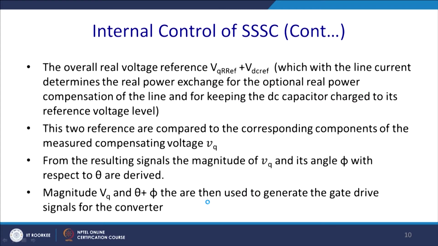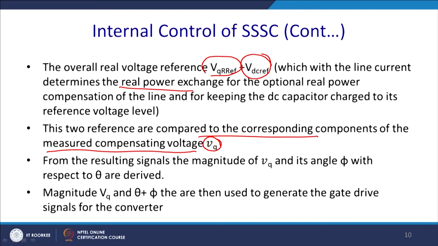The overall voltage reference for this direct control will be VQR ref plus VDC ref, which with the line current determines the real power exchange for proportional real power compensation of the line and for keeping the DC capacitor charged to some reference voltage. This is the requirement. These two references are compared to the corresponding component of the measured compensation voltage of VQ.